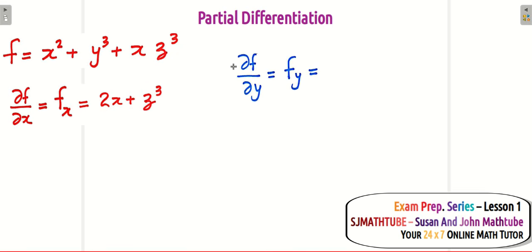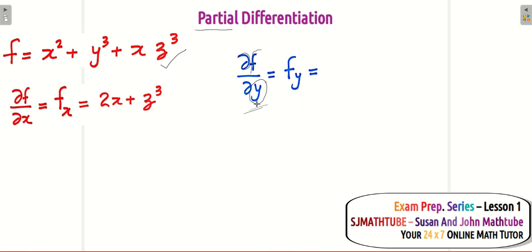Okay, now let's go for the partial derivative of f with respect to y. And when I write this notation, you have to understand we are going to do partial differentiation of the function f with respect to y. Or in other words, you are going to differentiate this function by treating y as the only variable.